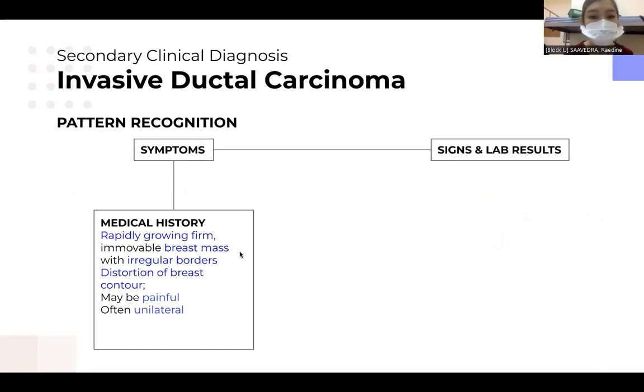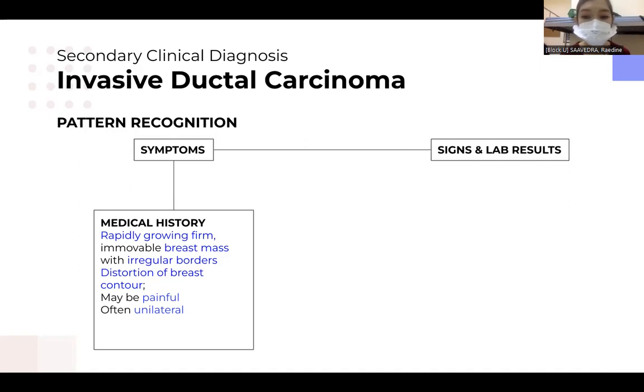So in pattern recognition, like in the primary clinical diagnosis, those in blue are present in the patient, while the rest will be about expected findings or patterns in invasive ductal carcinoma. So for the symptoms, those with invasive ductal carcinoma are expected to have rapidly growing, firm, immovable breast mass with irregular borders.